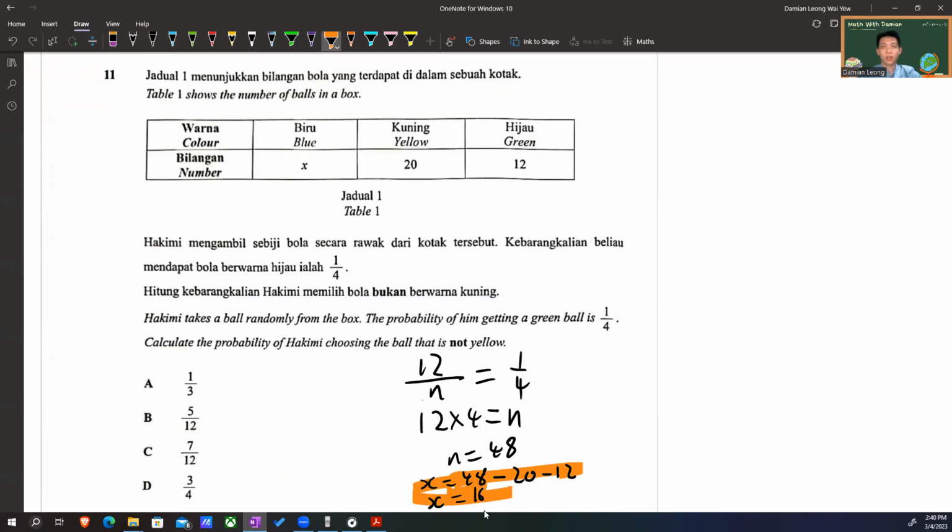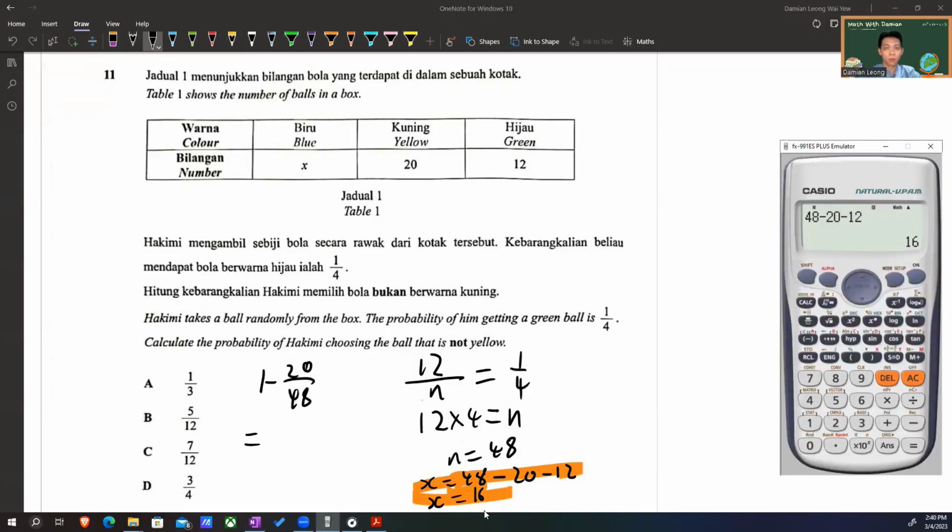Okay, if you find x first, then not yellow means can be blue, can be green. So I can take 16 plus 12 over total 48. Or you can take 1 minus 20 over 48. It's the same thing. So let's say 1 minus 20 over 48. I would say that's the shorter way of doing it.